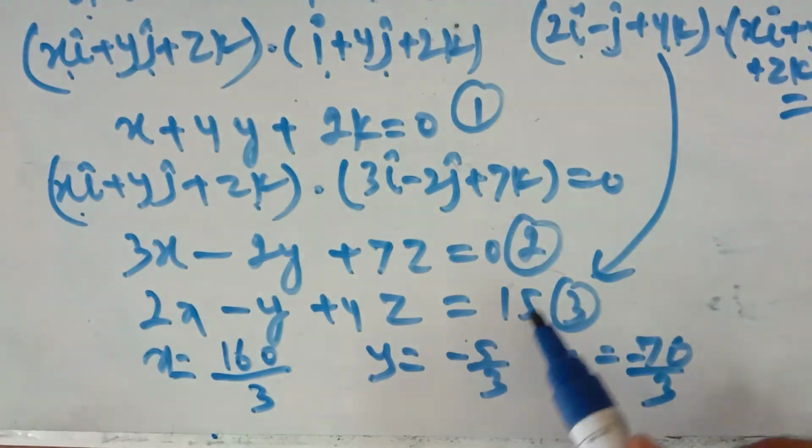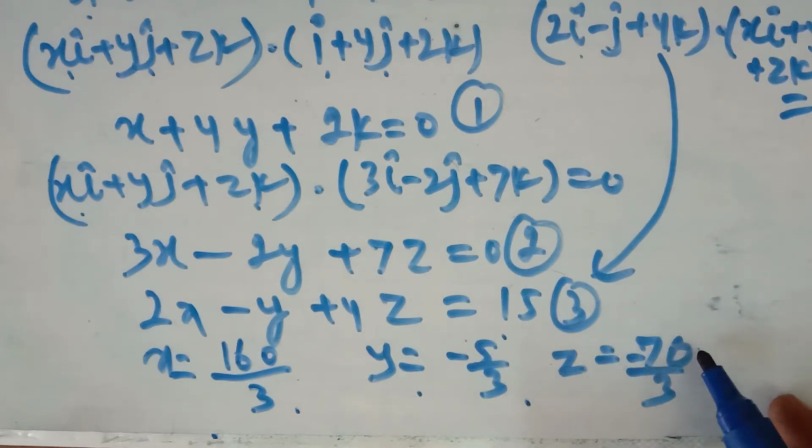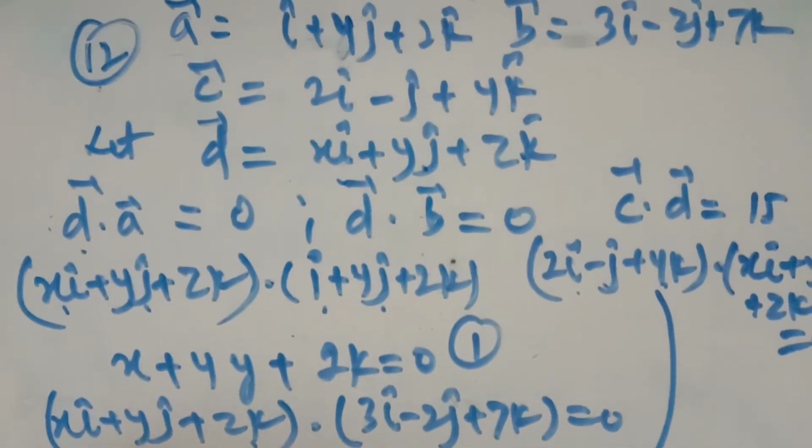So when you solve these three equations by using the substitution method, you will get x equal to 160 upon 3, y as minus 5 upon 3, and z as minus 70 upon 3. You take your own time and solve these three equations.